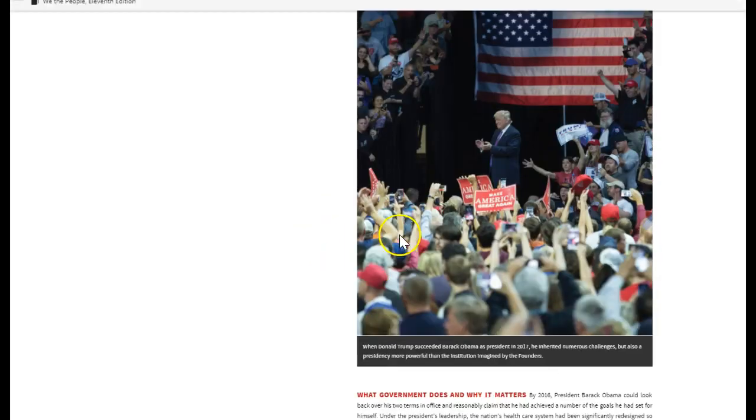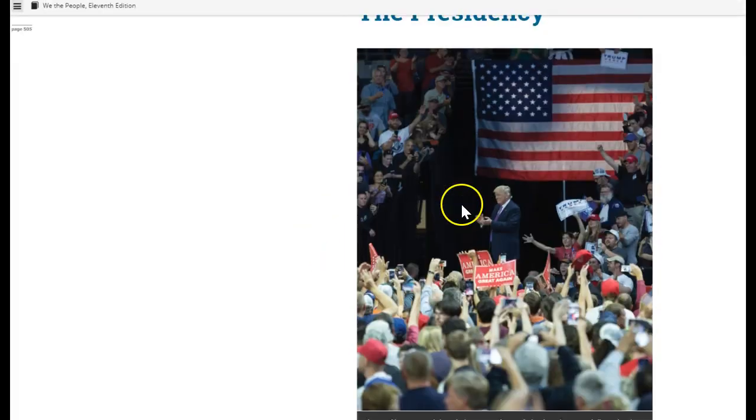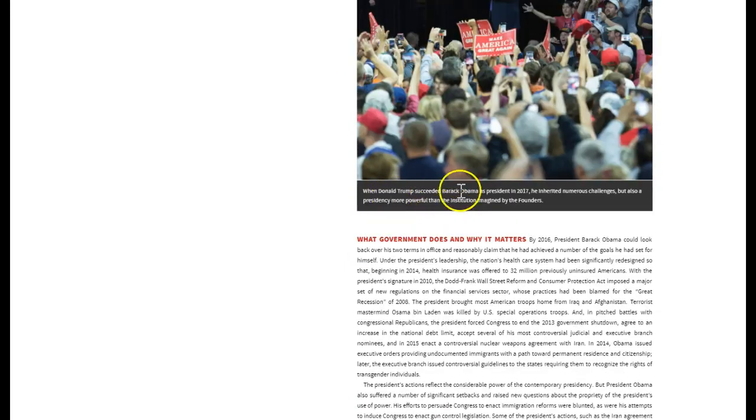It's just interesting, they have this, and it's a good picture. It's a great picture. But then again, it says, when Donald Trump succeeded President Barack Obama as president in 2017, he inherited numerous challenges, but also a presidency more powerful than the institution imagined by the founders. All of a sudden, Donald Trump's the president, and it's too powerful.